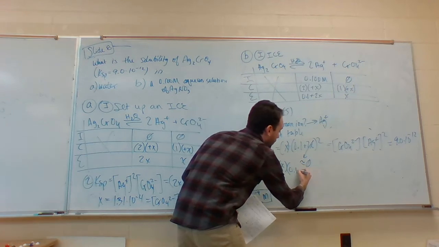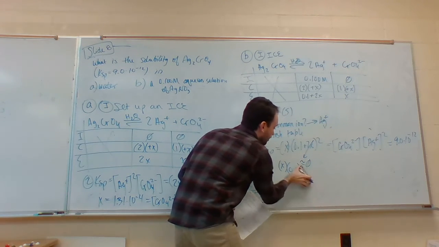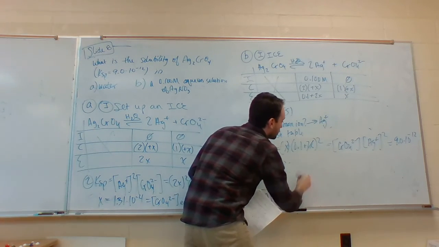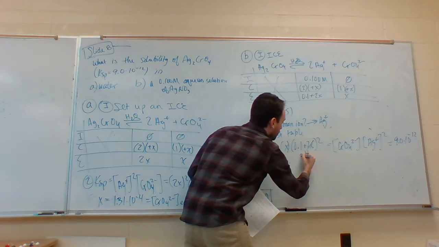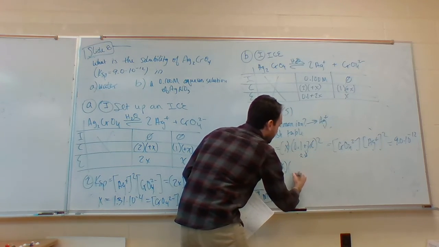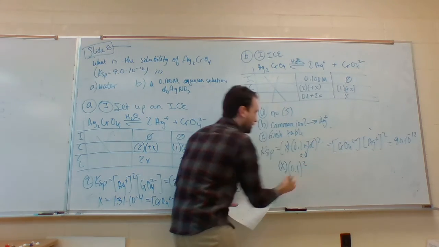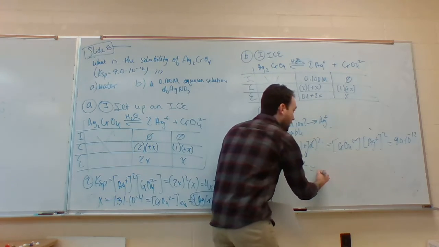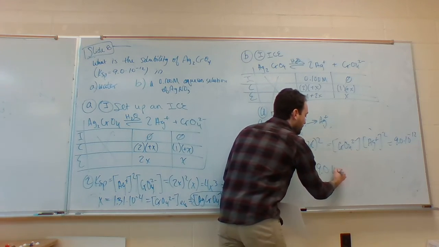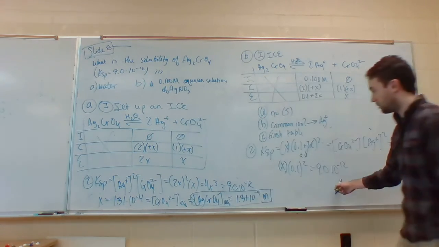So now I have x times 0.1. I've dropped the plus 2x, and that's still squared, okay? That's going to be equal to my 9.0 times 10 to the negative 12.